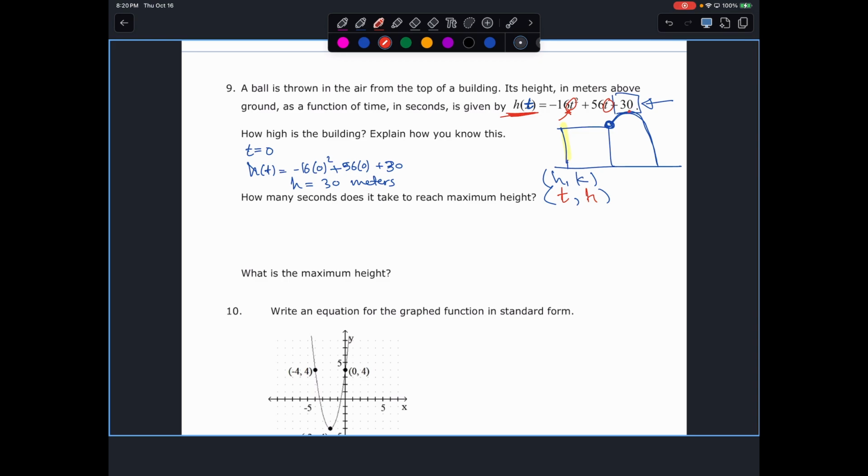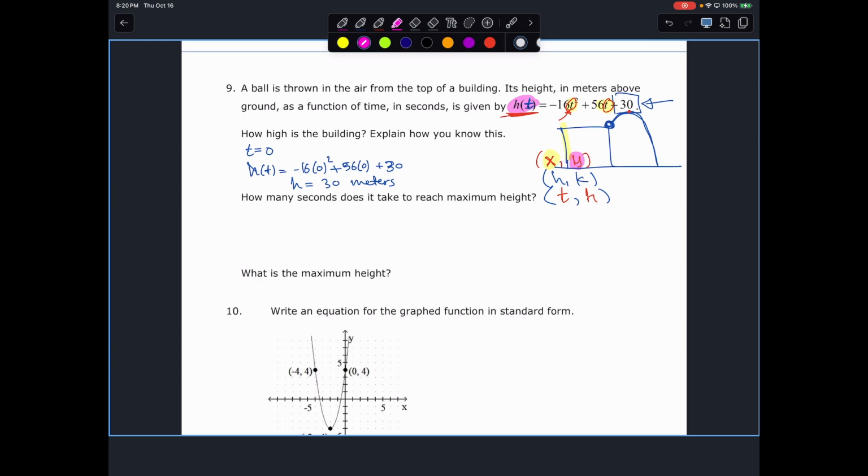How do we know? Always, the first component is the one that replaces the x, and the one that replaces the y is the k. You can put x and y like that. The independent variable of the function is the t in this case, so you can remove the t and replace it with x. You can remove the h of t and replace it with y.